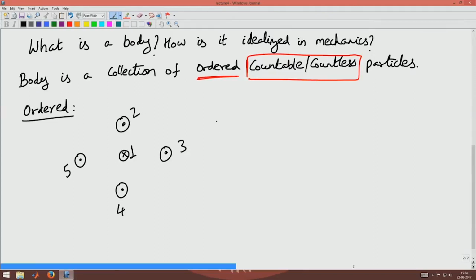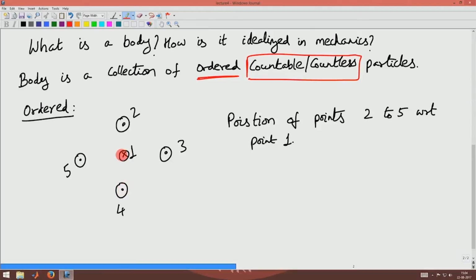We can say the position of points 2 to 5 with respect to the point 1. We can say point 2 is above point 1, point 3 is to the right of point 1, point 5 is to the left of point 1 and point 4 is below point 1.